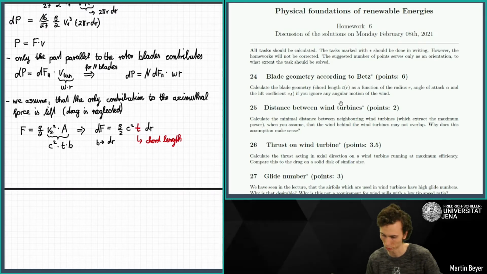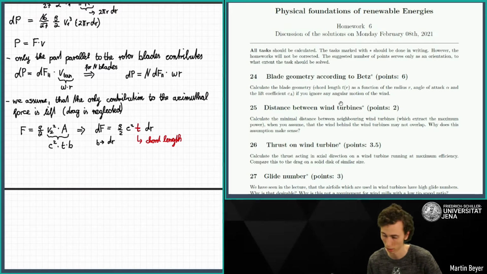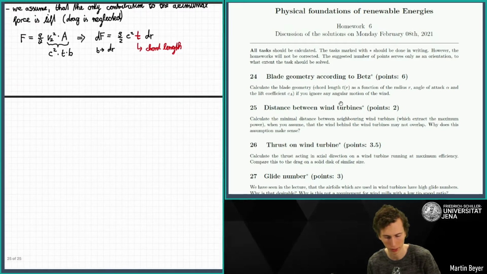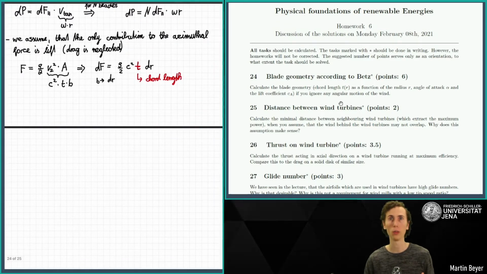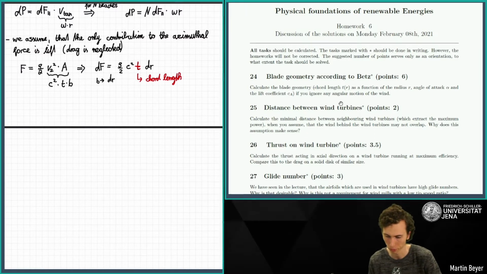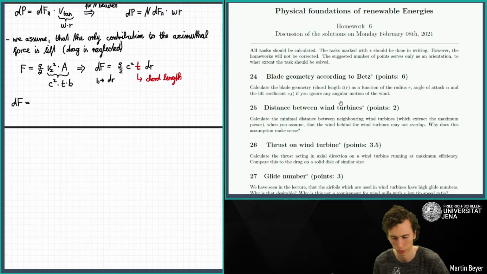Okay, so this looks fine, I guess. And now let's make a little drawing to see what the parallel component of this force looks like. Maybe I first give the formula here, and then I try to derive it.